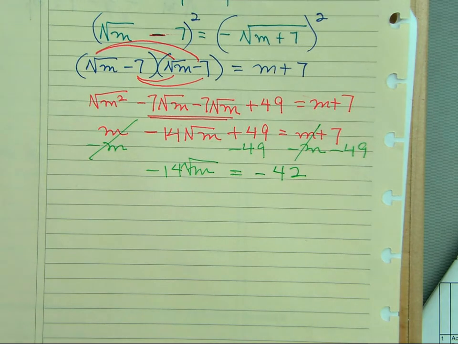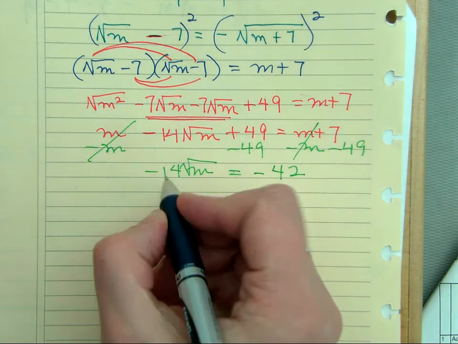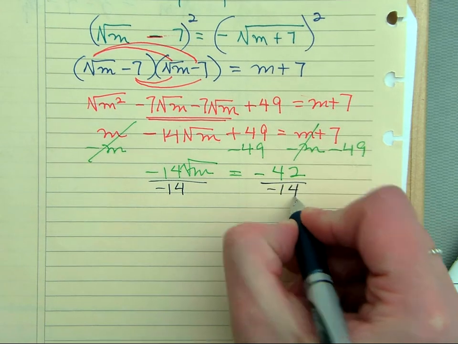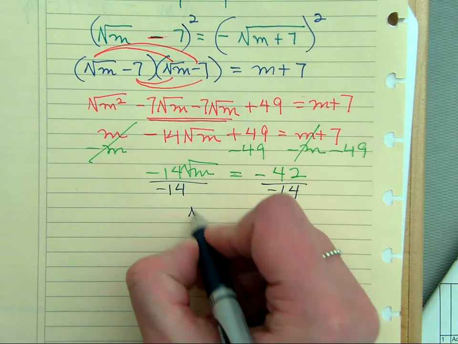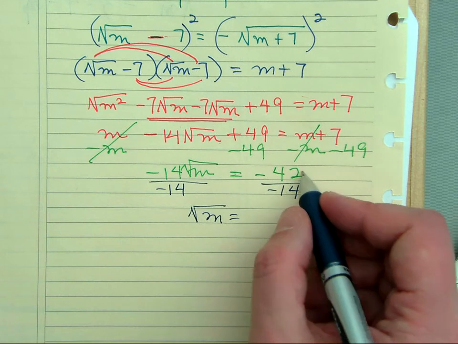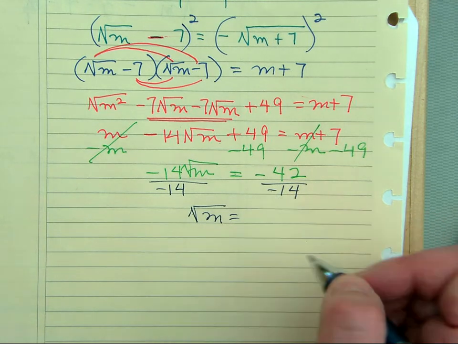Now, what could I do now? There's actually two different options. I could square both sides, but that's a really big number, and not everybody knows that 14 squared is 196. So I might divide both sides by negative 14 just to further isolate that square root of m, and then we could reduce that fraction. Both of these numbers are divisible by 7, and a negative divided by a negative is a positive.